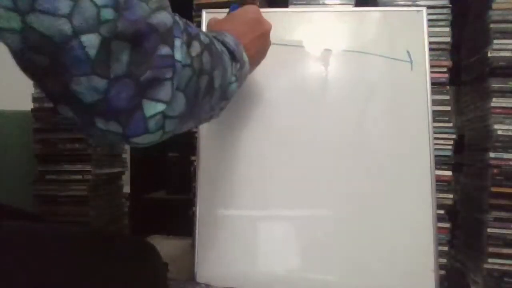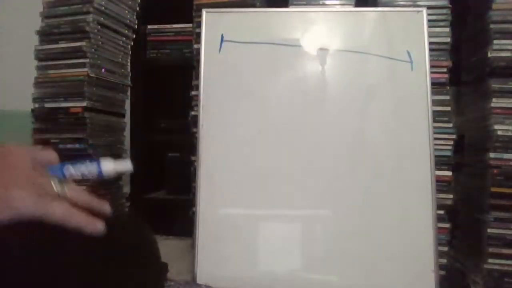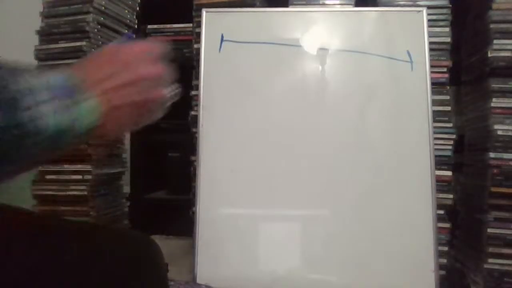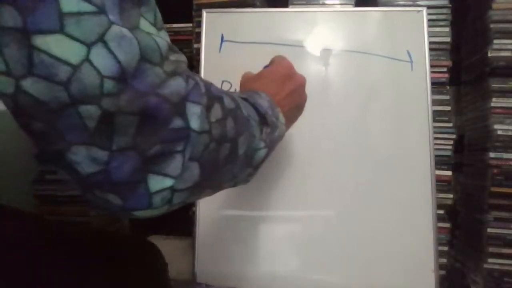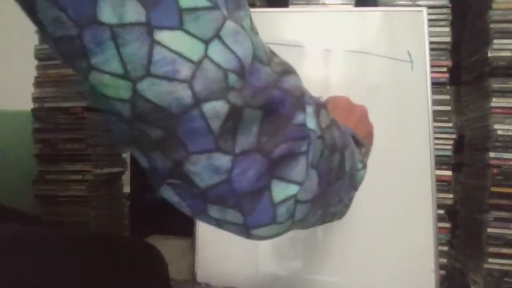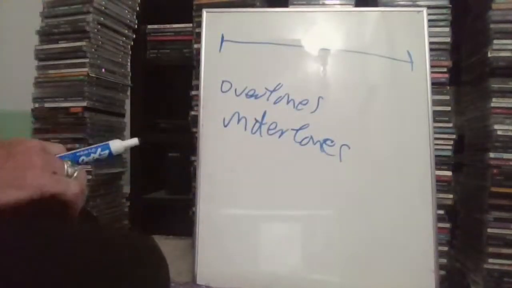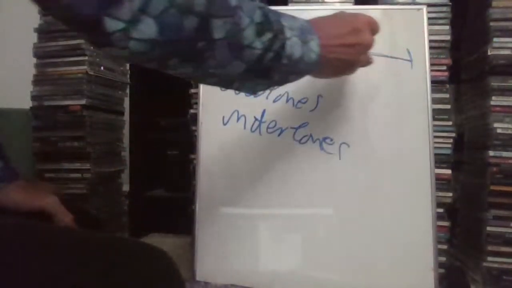Here's a length. Now, here's the thing. I said that the lesson was going to be about overtones and undertones. Now, what is that? Well, this is a length of a string.